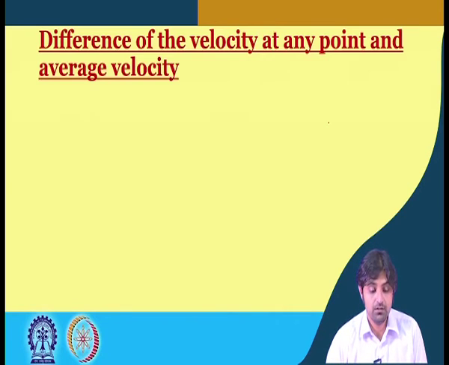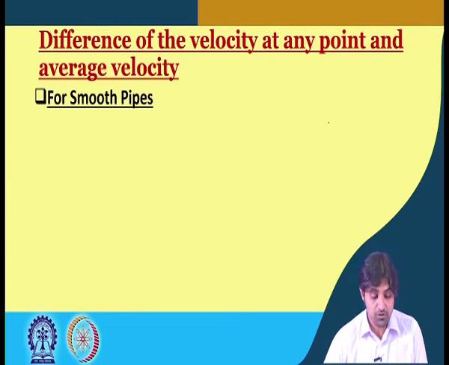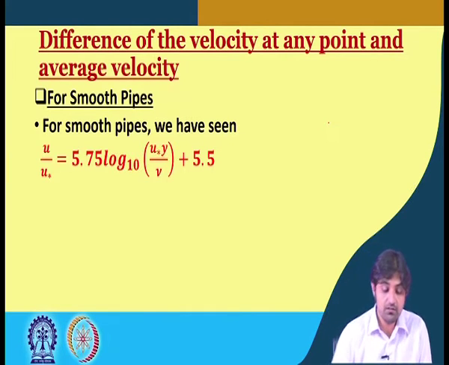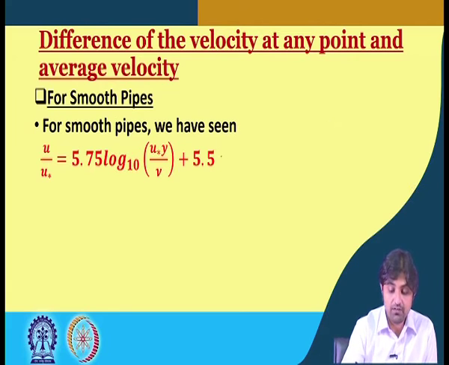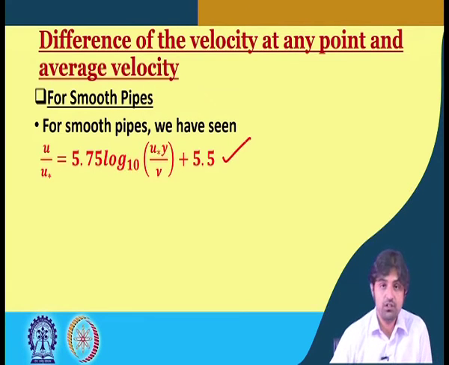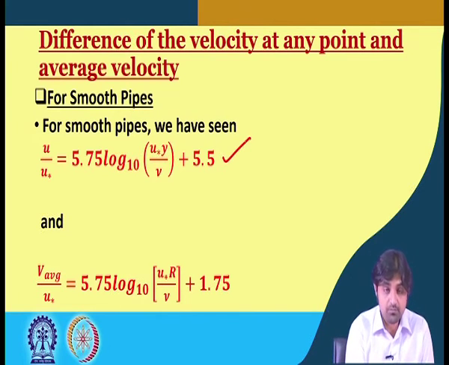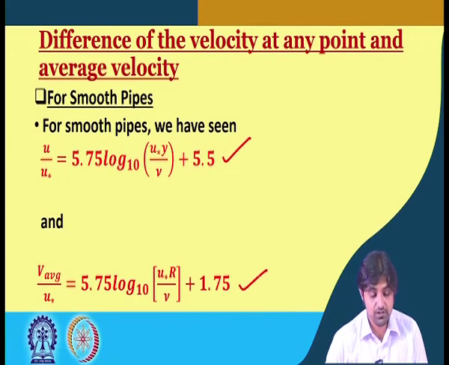Okay. Now, the difference of the velocity at any point and the average velocity. For smooth pipes we have seen the equation we derived for u by u star, correct, and we also just now saw that V average by u star is this equation, right.